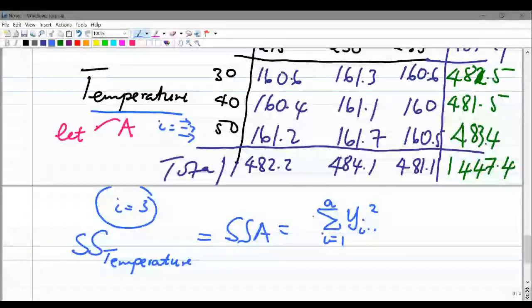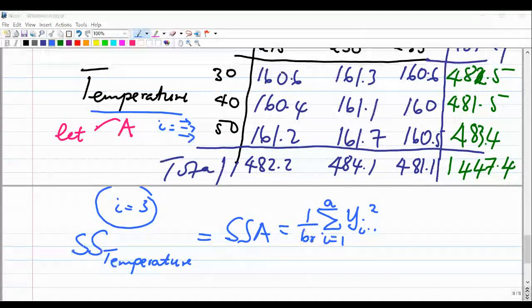So then here you divide everything by what we are not focusing on, which is BR, isn't it, guys? So you do the same with the other ones, and then we do the testing part.